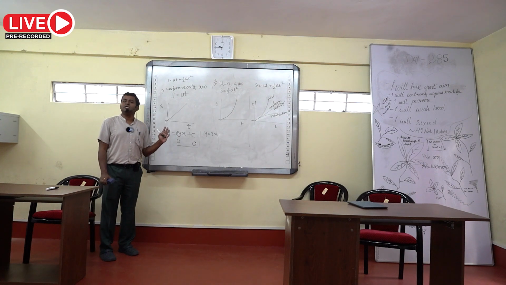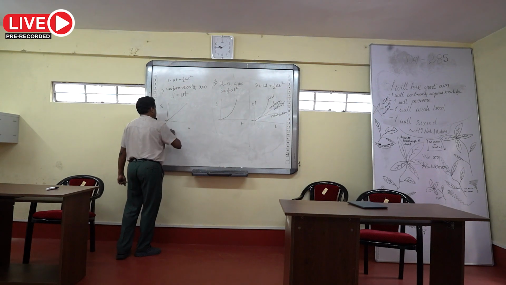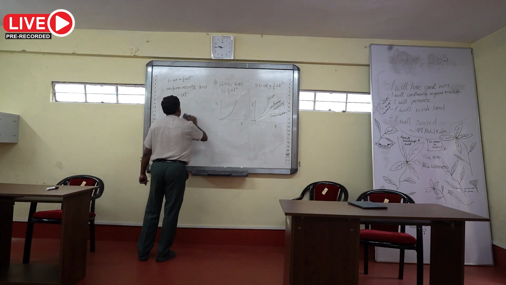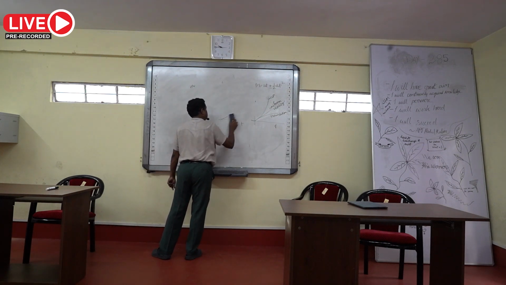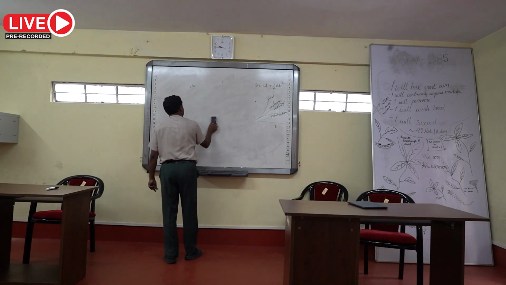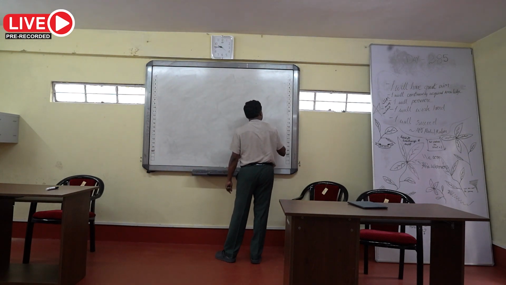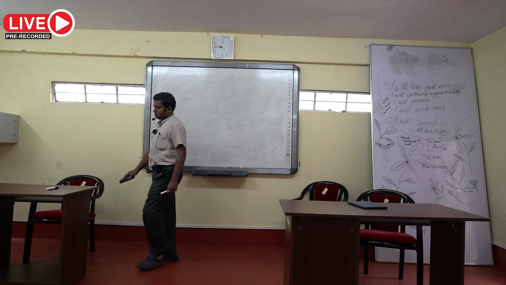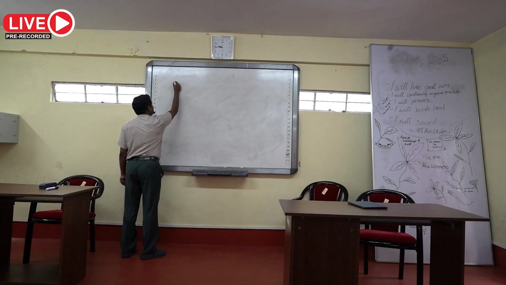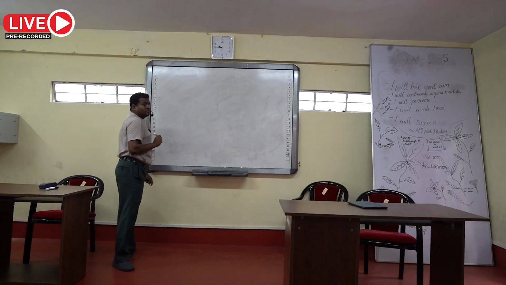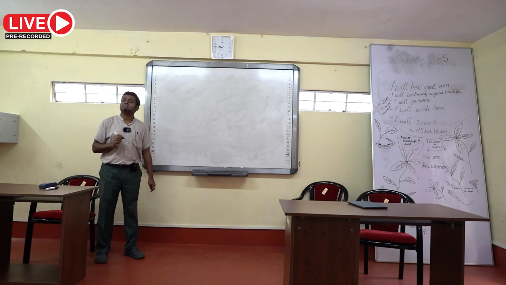Now we will come to the VT graph. For the VT graph, the equation that we have to use is V equal to U plus AT.